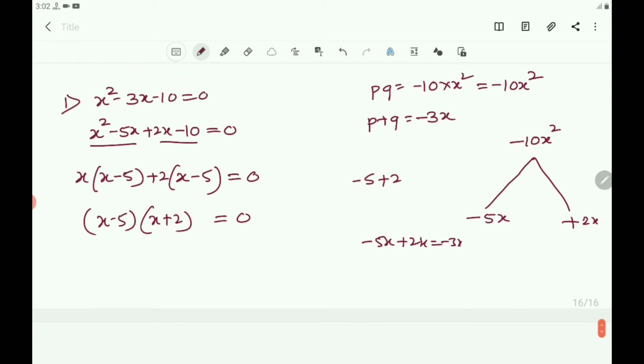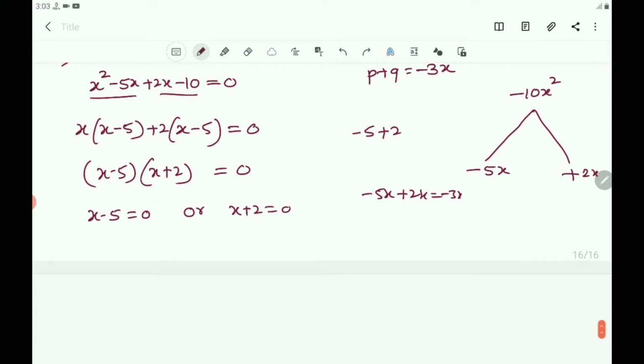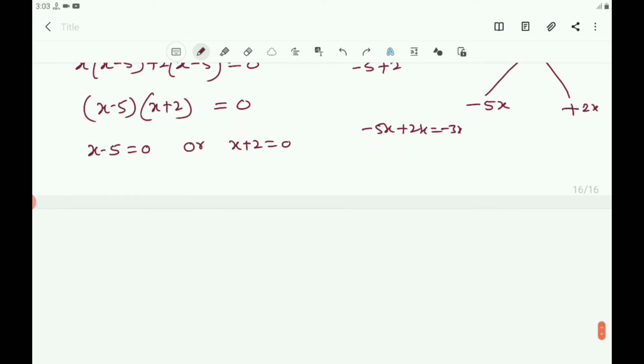Equate each factor to 0, then you will get a linear equation. So you write x minus 5 equals 0 or x plus 2 equals 0. Then you have two linear equations: x minus 5 equals 0 and x plus 2 equals 0.